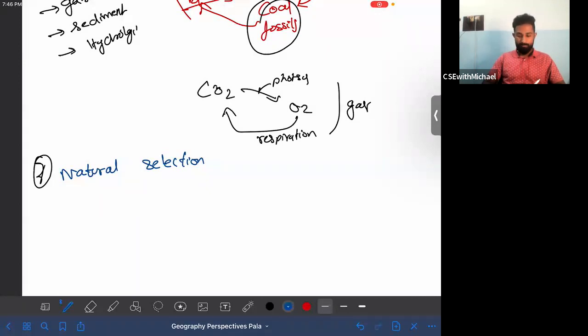Evolution of species by the process of natural selection, where the heritable variations, the inheritable variations that are passed on from one generation to the other, in the genetic composition of a population, form the basis of evolution of species.